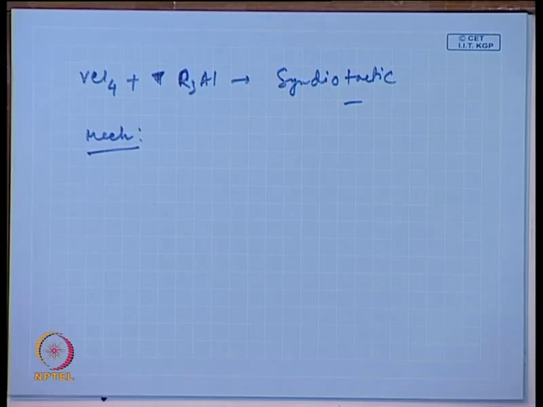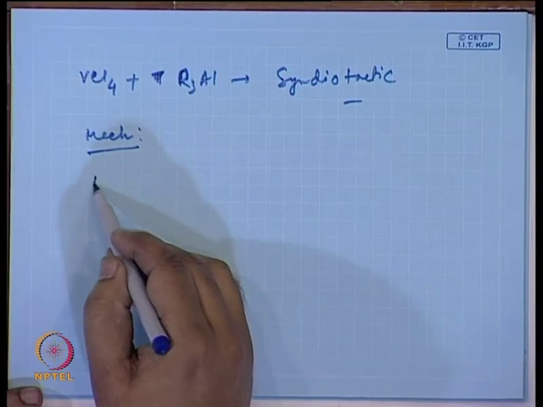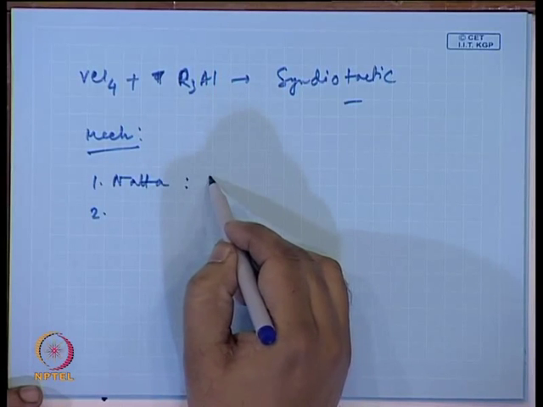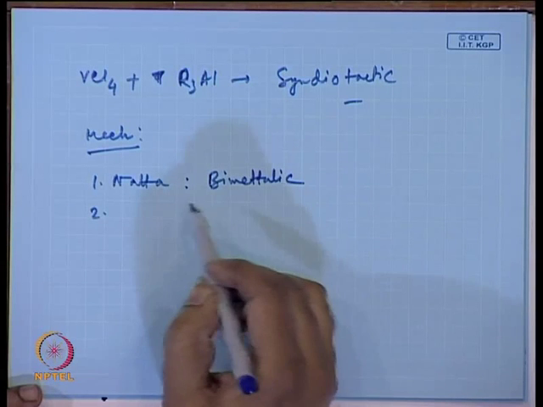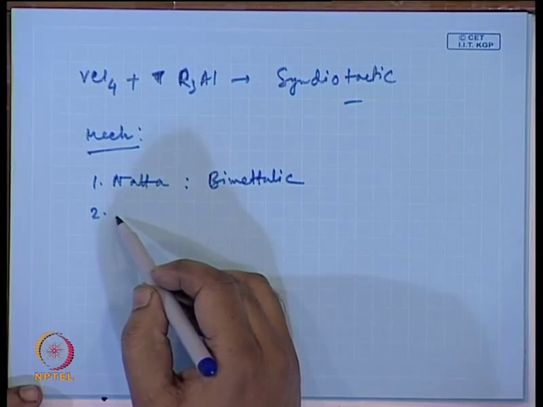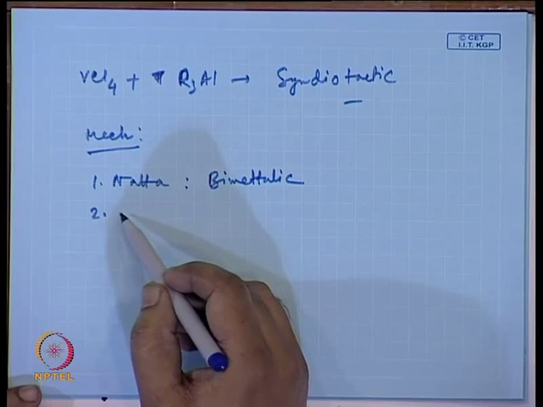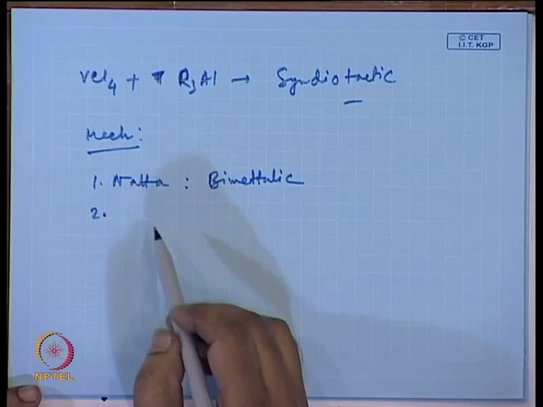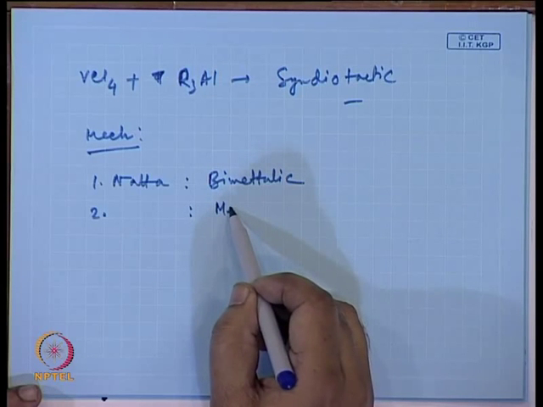So, what we will discuss in this lecture is basically two mechanisms. One was proposed originally by Natta, which is a bimetallic mechanism, and the second, which the majority of scientists have actually accepted, is a monometallic mechanism.